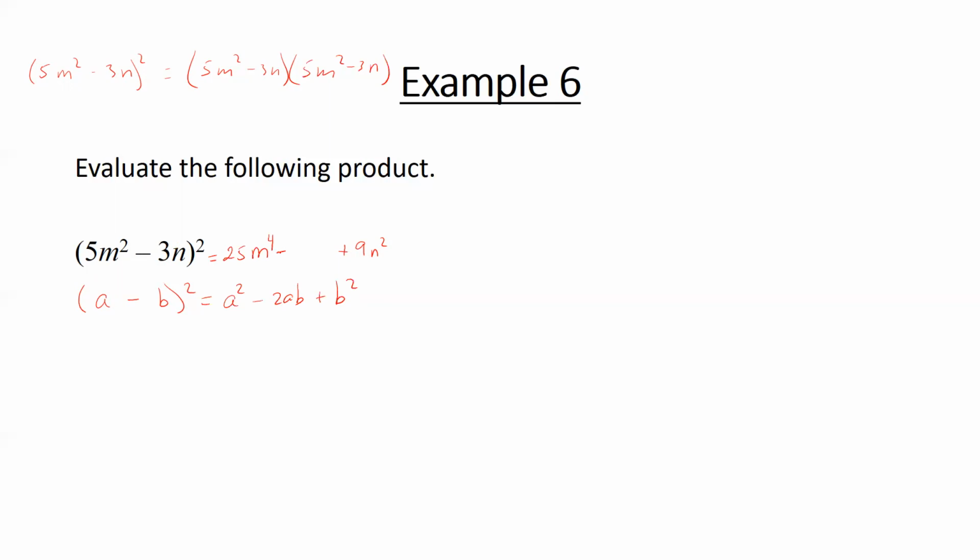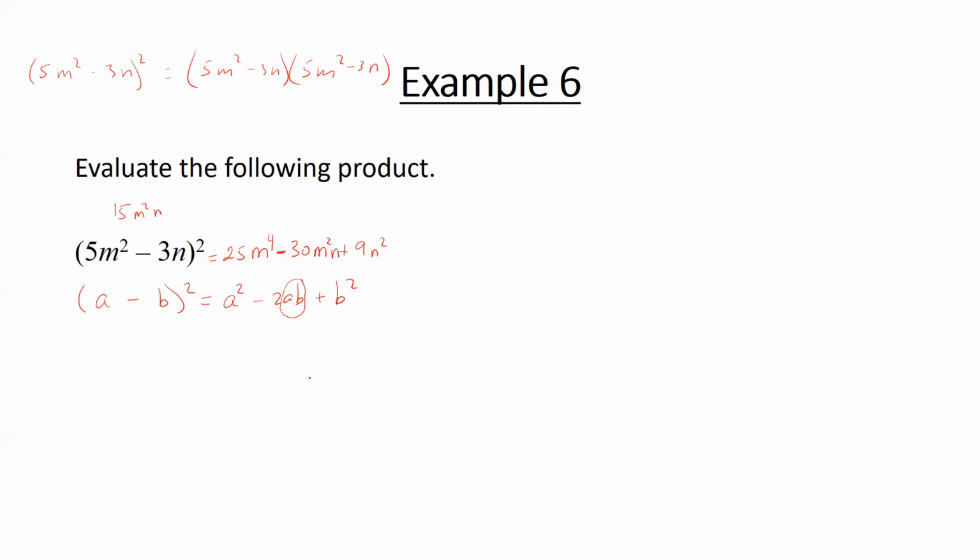It's negative 2ab, so we can put the minus. And again, multiply a and b, so multiply the 5m squared times 3n, that's 15m squared n, and then multiply that by 2, double that. Well, 15 times 2 is 30m squared n. And there we go.